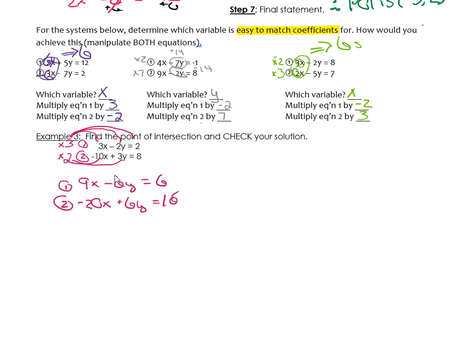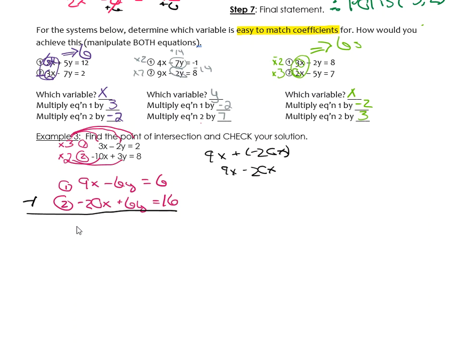So notice that our y's match, one is positive and one is negative, and we needed that to happen. So step 4, add. 9x plus negative 20x, which is 9x minus 20x.